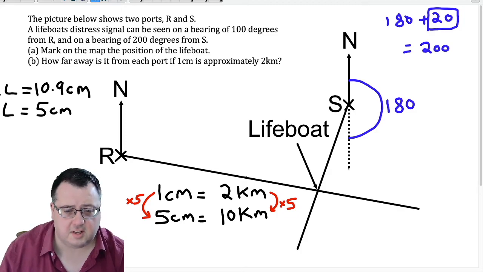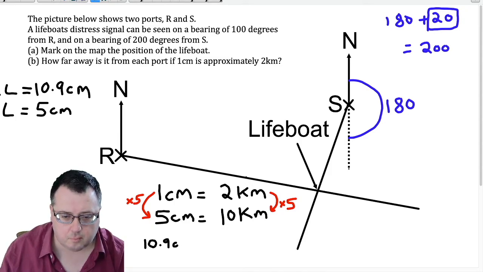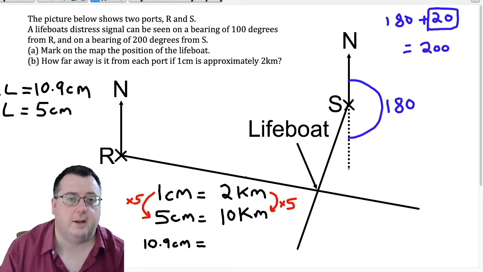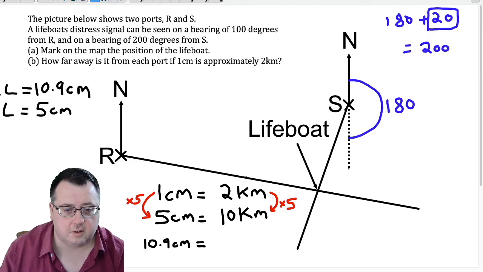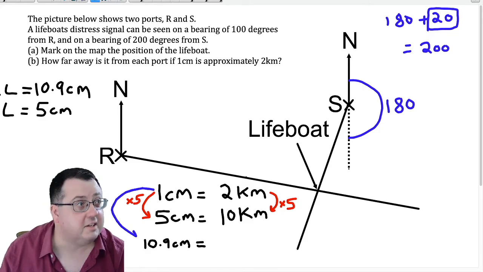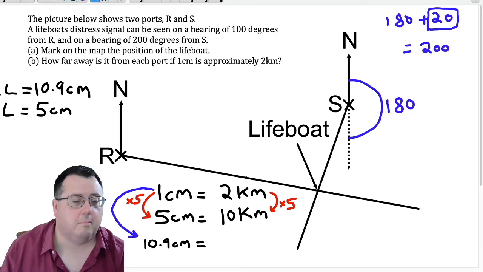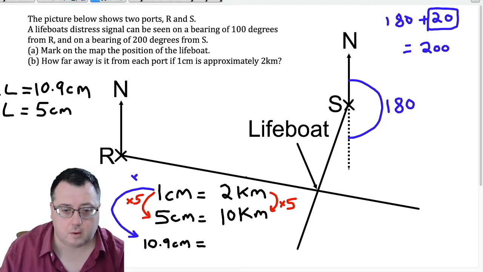Next, we're going to look at 10.9 centimetres. Now I can't do that off the top of my head, I'm going to have to use my calculator, but you should be able to see that you have multiplied here by 10.9.